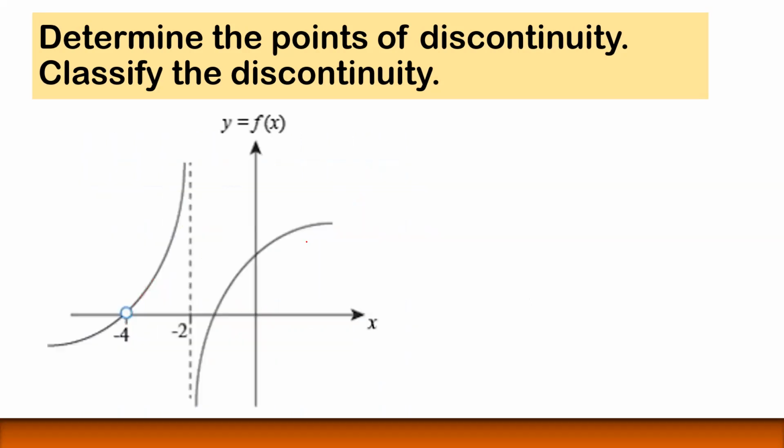Okay, now let's go to this example. What's the point of discontinuity that we see? We have x equals negative 4.